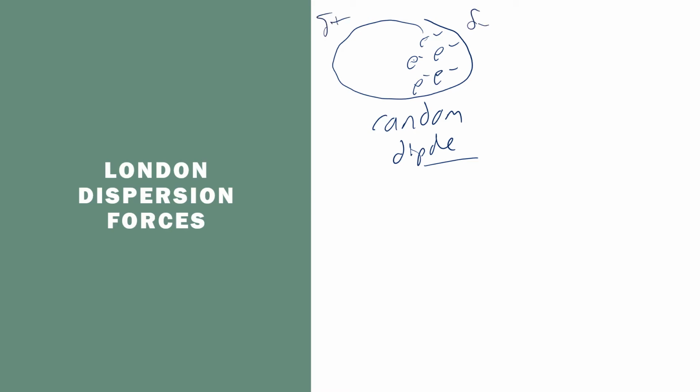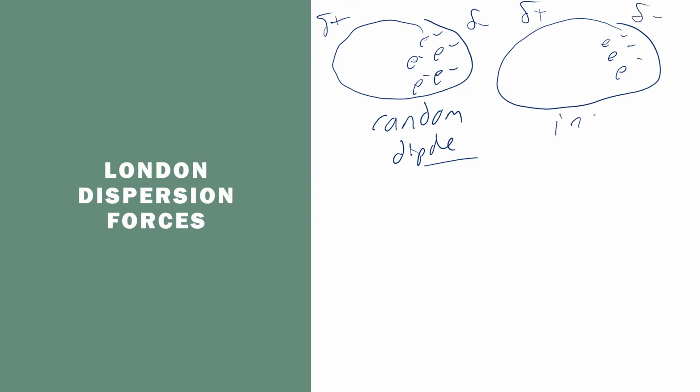Now when that happens, if you have another molecule, another blob, and all of these electrons are on one side, it will repel the electrons in the other blob. And so they'll wind up on the opposite side, and you'll wind up with a slightly positive side and a slightly negative side.